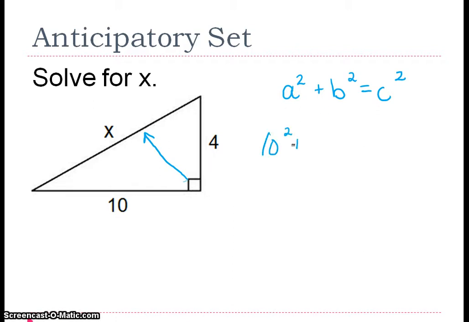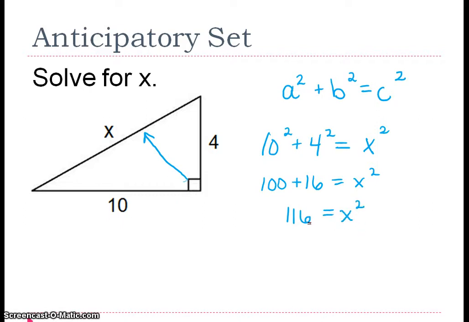So I'd get 10 squared plus 4 squared is equal to, and now this, because it's the hypotenuse, has to be c. So I'm going to put x squared here. Right, and then I'm going to simplify this. Well, 10 squared is 100, and 4 squared is 16, and x squared, we don't know what it is. 100 plus 16 is 116, and that equals x squared.